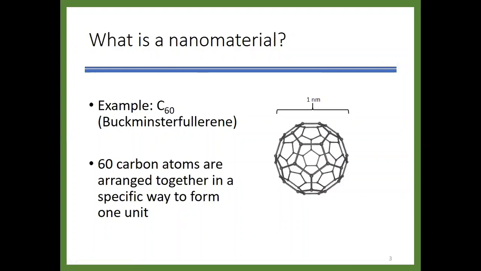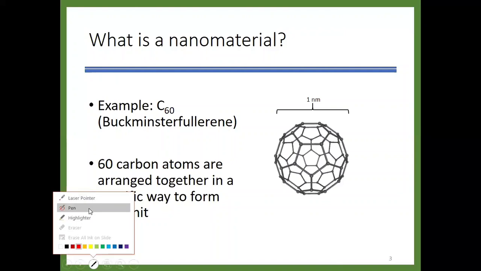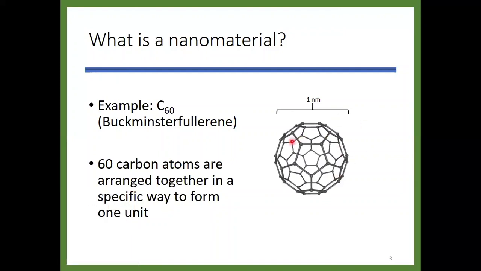Now, first question, what is a nanomaterial? So here I have taken an example. Have you heard about the fullerene molecule or the buckyball? I think you have heard about it. This is a molecule with a special shape, a spherical shape as shown in this figure, and it's made with 60 carbon atoms arranged in a nice spherical shape.